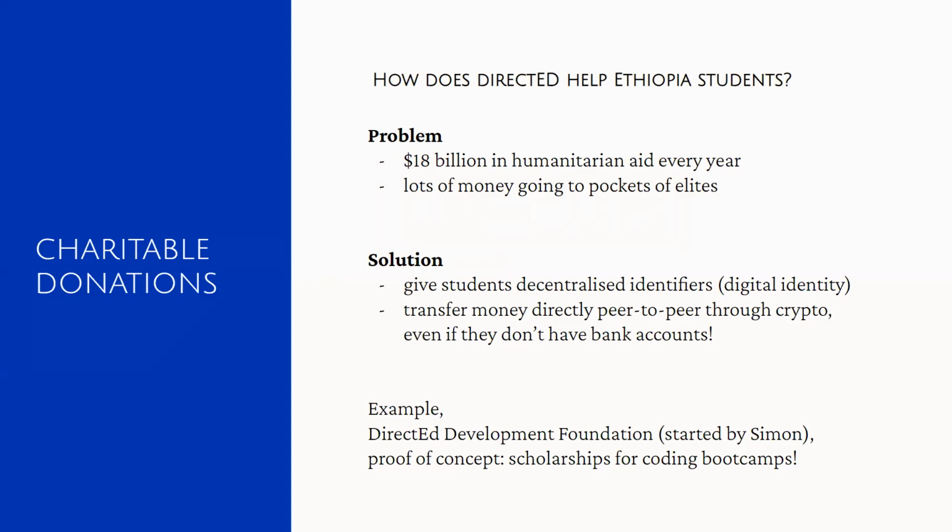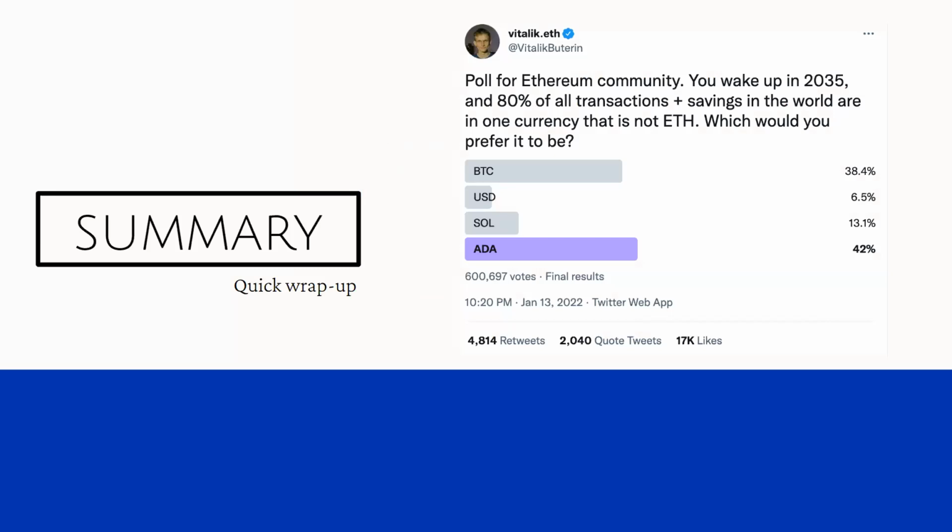So what they've done is give decentralized identifiers to people, and then transfer money directly through peer-to-peer crypto, even though they don't have bank accounts, which has enabled them to further their education. And Cardano as a blockchain is also interested in making the world a more equitable place. So yeah, this is just a fun thing.